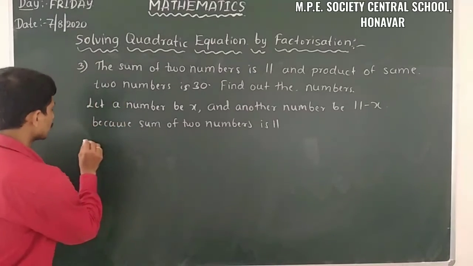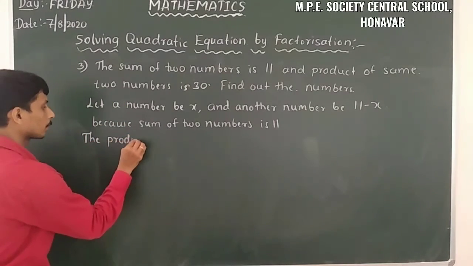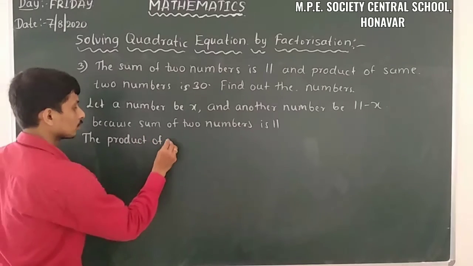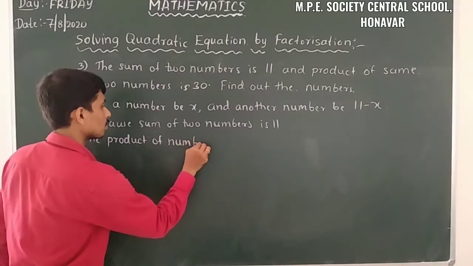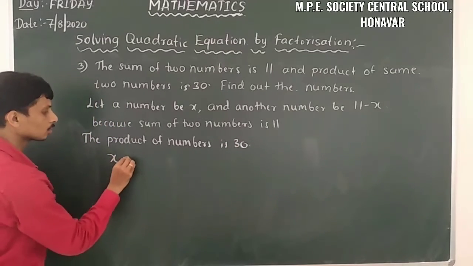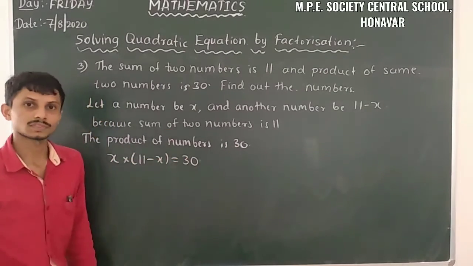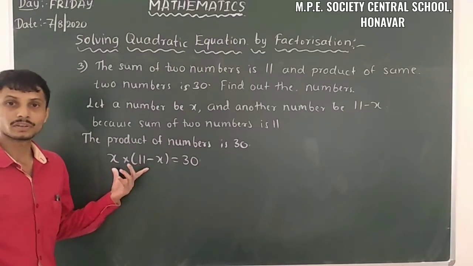So the product of the numbers is 30. That means x into 11 minus x is equal to 30. We have to solve that.